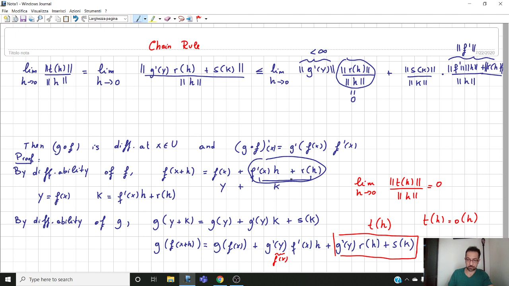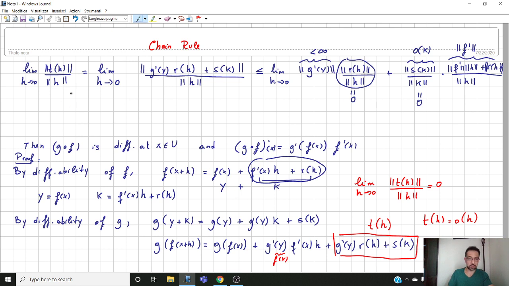As h goes to 0, f prime of x times h plus r of h goes to 0. But since s of k is small o of k by the differentiability of g, this limit goes to 0 faster than k approaches 0. So this quantity also goes to 0 as h approaches 0.